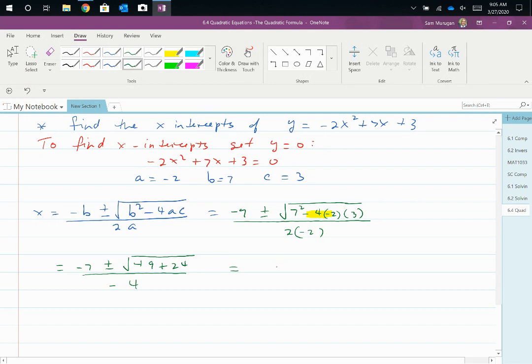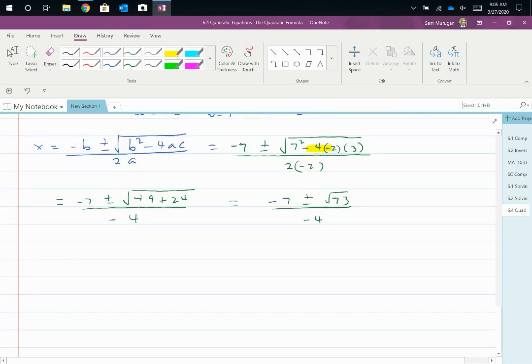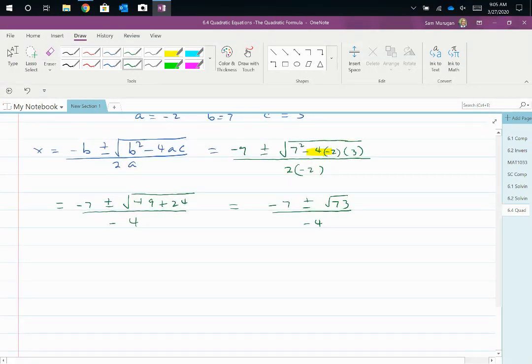So this is negative 7 plus or minus the square root of 73 divided by negative 4. The radical 73 cannot be simplified, so x is equal to negative 7 plus √73 over negative 4, and negative 7 minus √73 over negative 4.